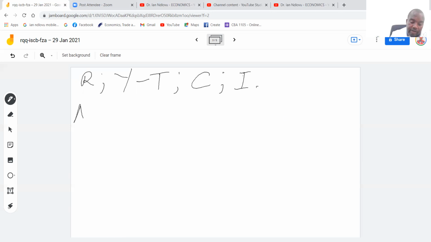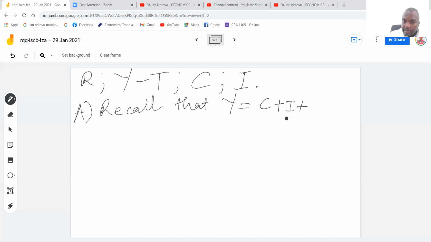So we'll start with our A, which is the derivation of the IS curve. We reckon that Y is equal to C plus I plus G, where Y is equal to, what is our C? Our C is 0.8 (Y minus T), plus, what is our I?